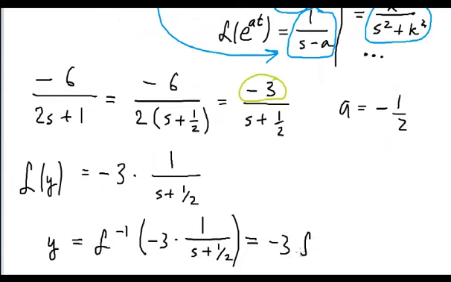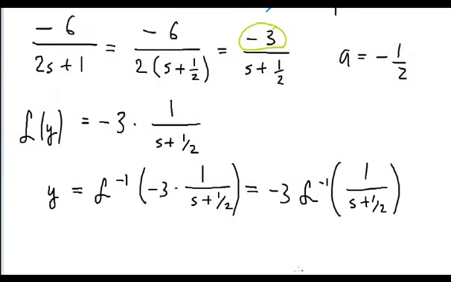So we'll have minus 3 times inverse transform of 1 over s plus a half. Okay, now we are very close. What is inverse transform of 1 over s plus a half? This is the matching we were talking about.